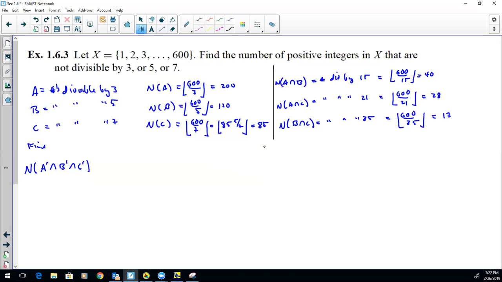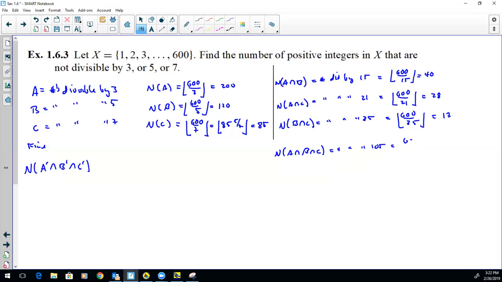And now finally, we take the number that are in all three sets at the same time. And that's the number divisible by 3 times 5 times 7, which is 105.